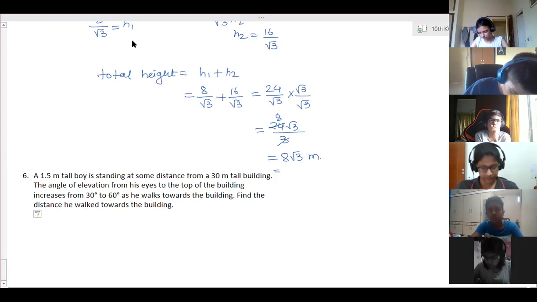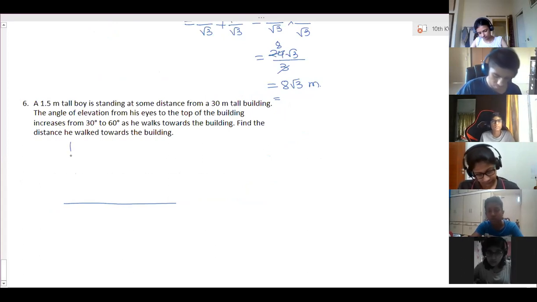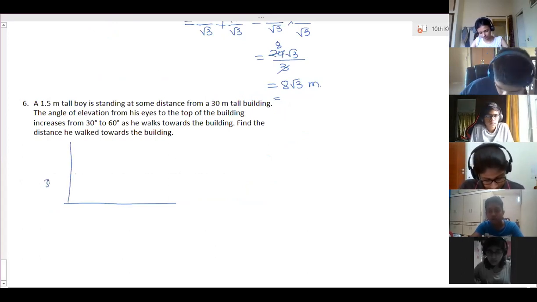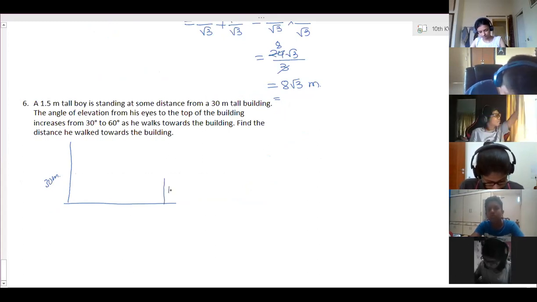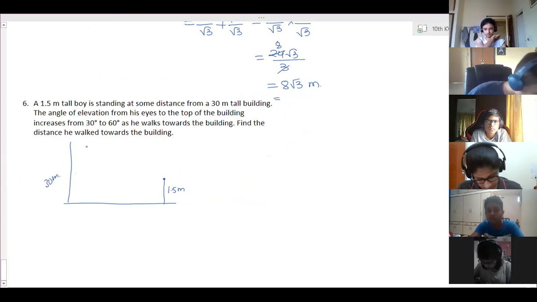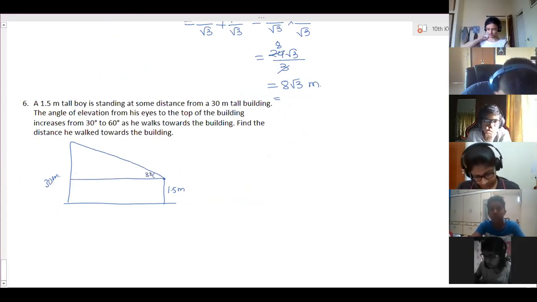Here is a 30-meter tall building, and this is the ground level. A boy whose height is 1.5 meter, from the original position, sees the top of the building at an angle of elevation of 30°.